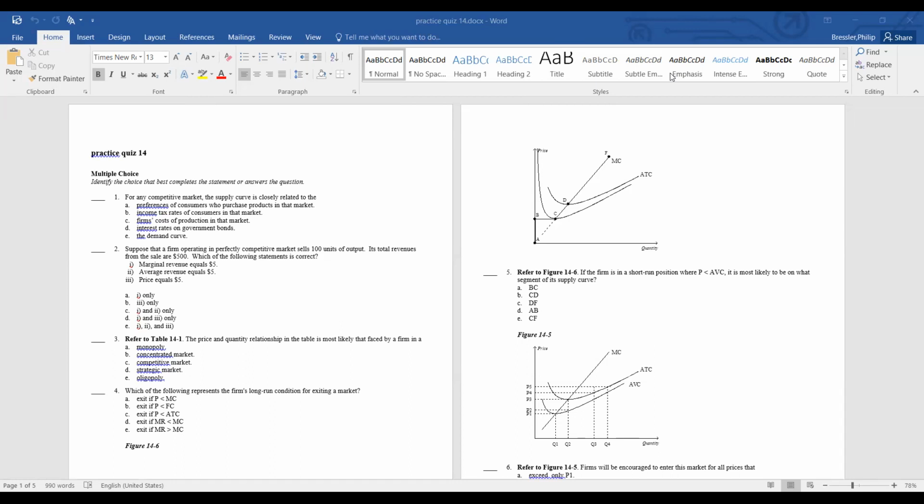If we look over here, and we talked about this today in class, remember, MC is the supply curve above the AVC. We didn't call this an AVC, but it is above the AVC. Why? Because below the AVC, we're shutting down. So it is the supply curve above the AVC.